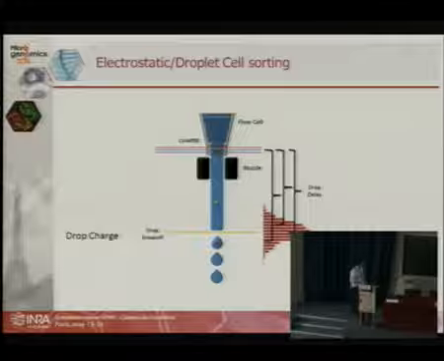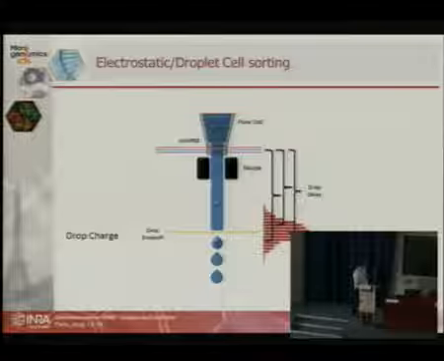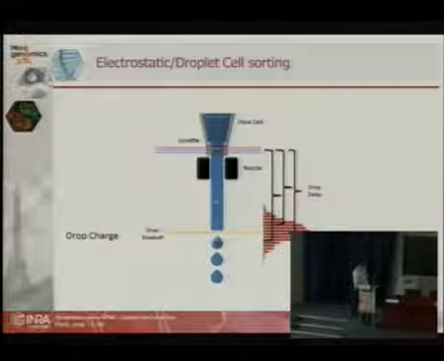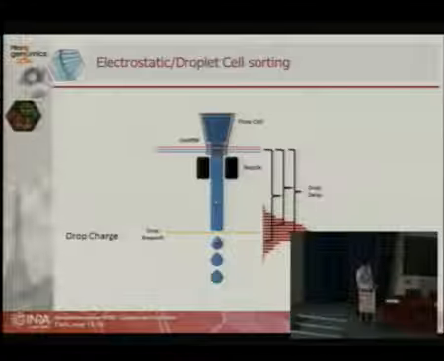So how does cell sorting work? Well, basically you stain your cells. You may know all this already, so I will be very fast. They come into a flow cell where they are hit by lasers, and then they are moving on. That's electrostatic droplet cell sorting. You have other technologies, but I'm talking about this one.